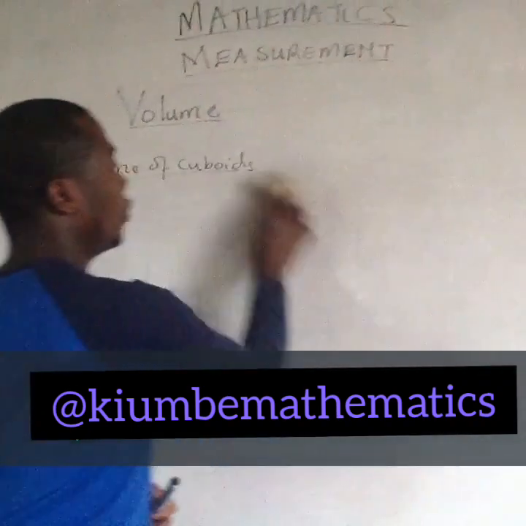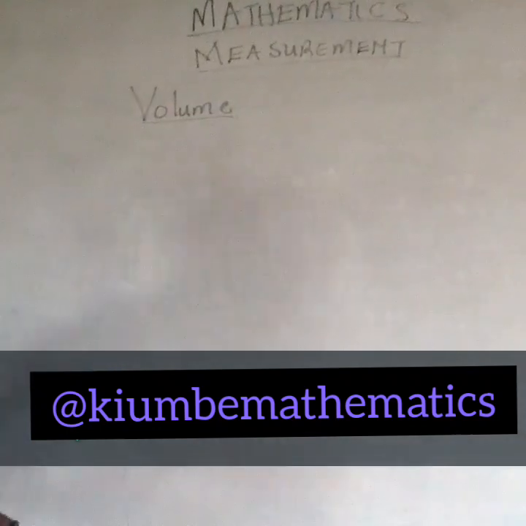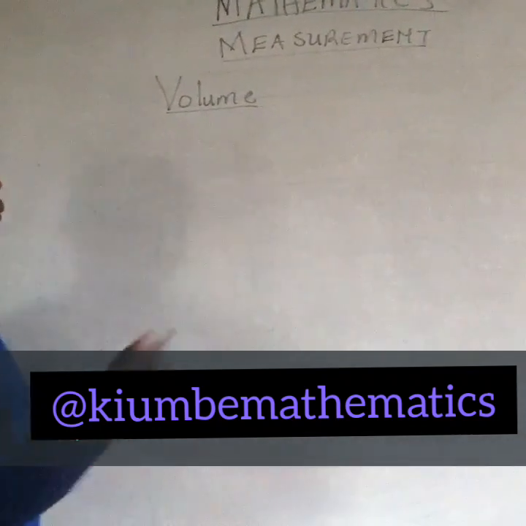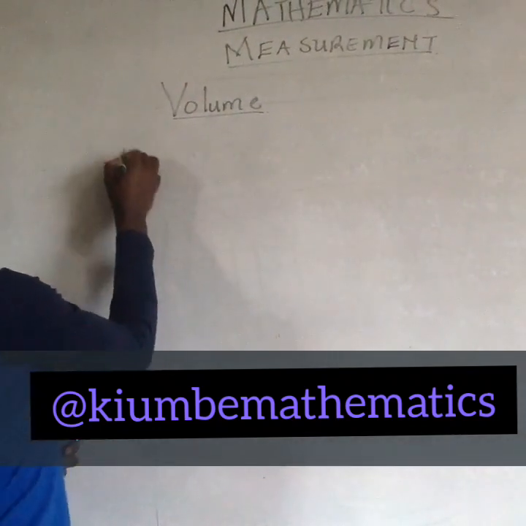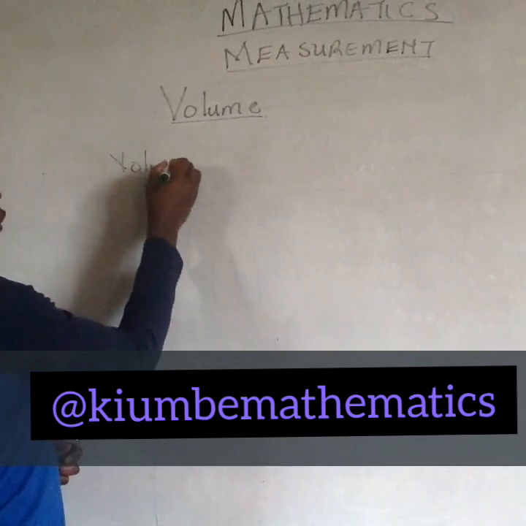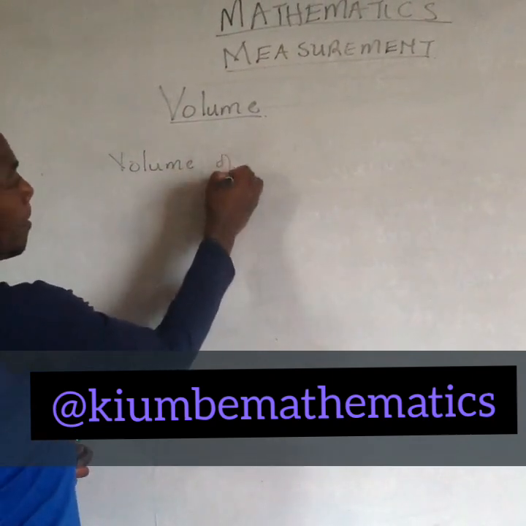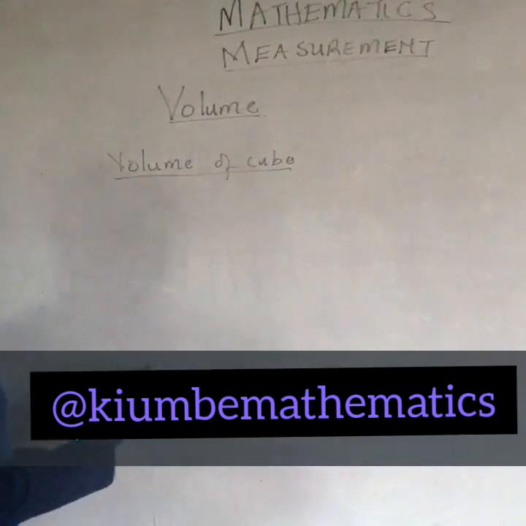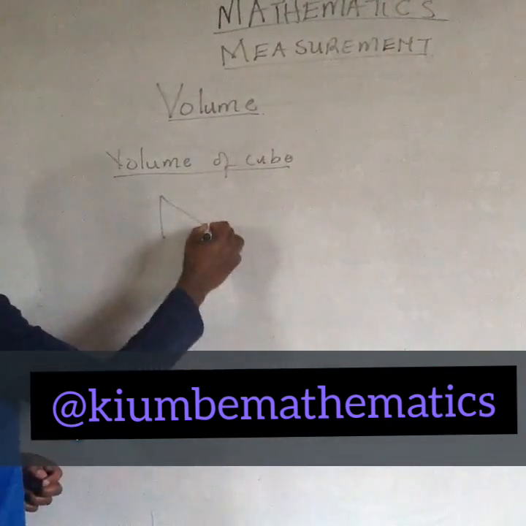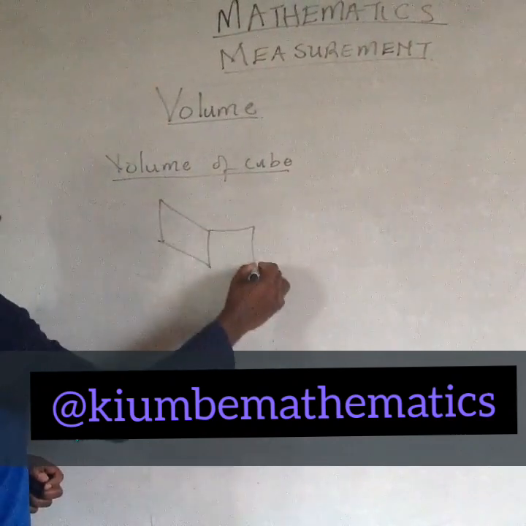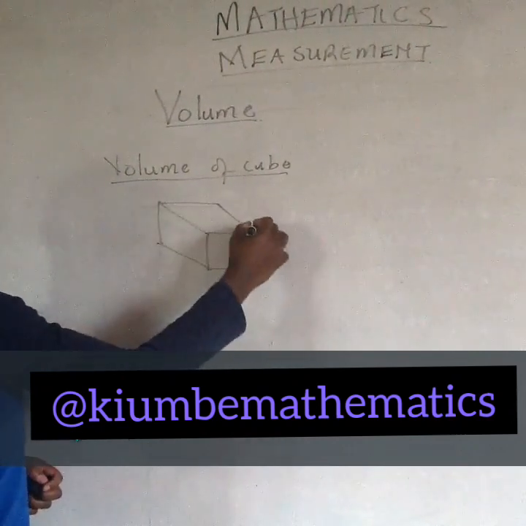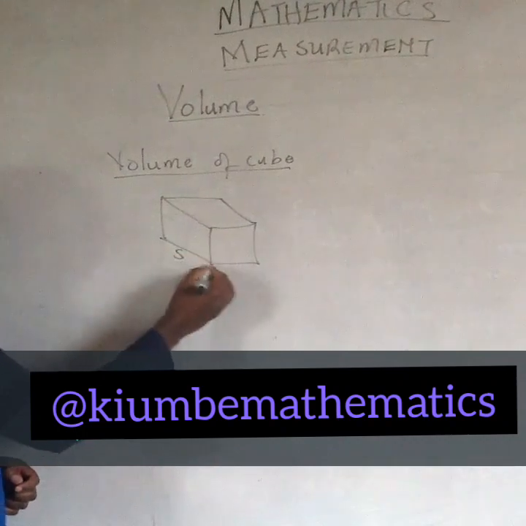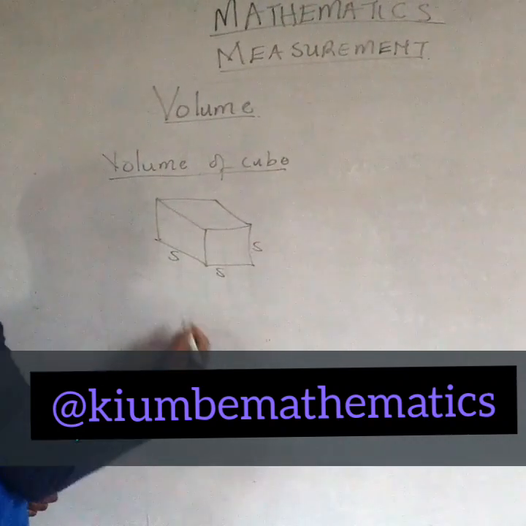Then, when it comes to volume of a cube, since you already now know that volume of a cuboid is length times width times height, then basically for a cube we shall use the same knowledge. But we know that a cube has got all the sides equal.